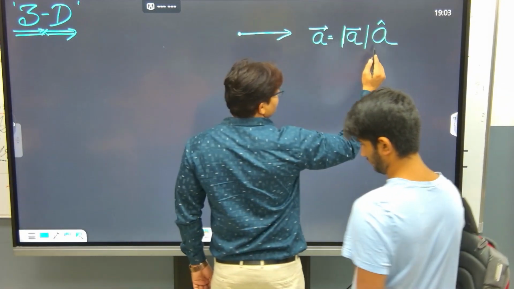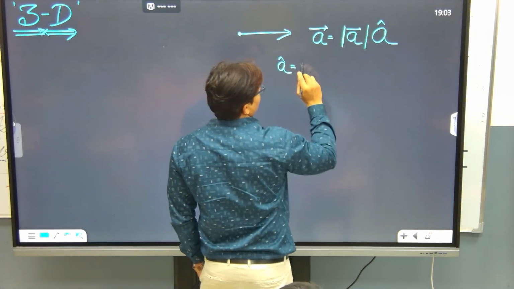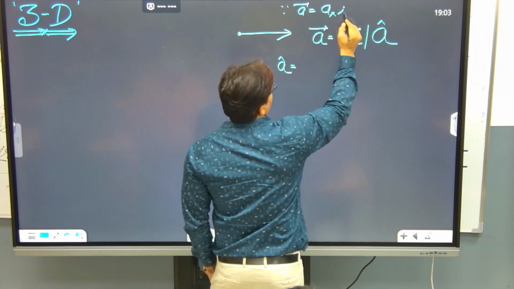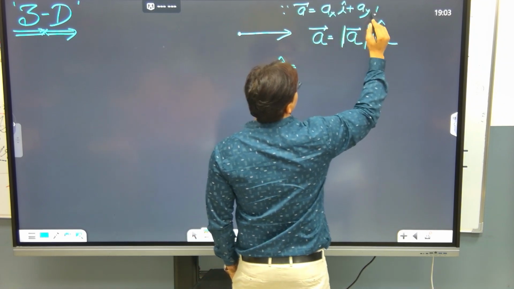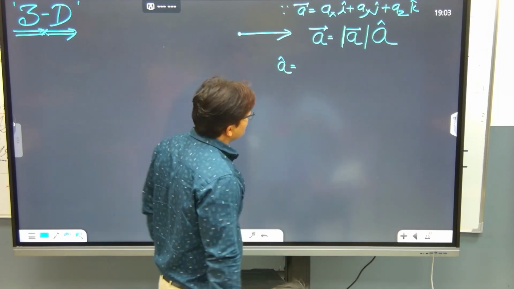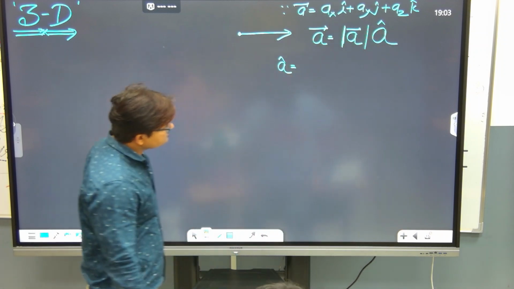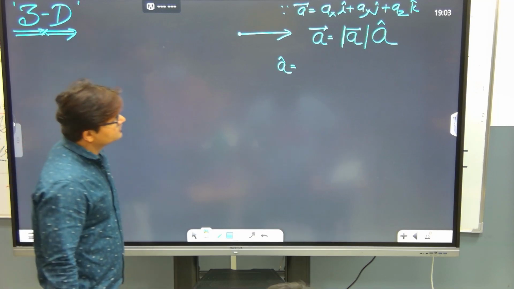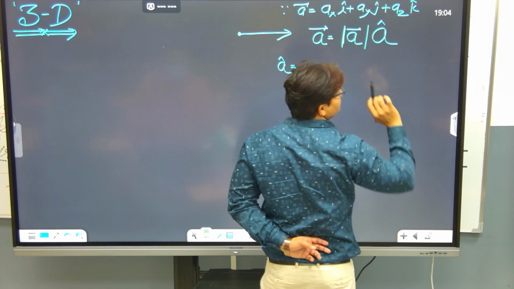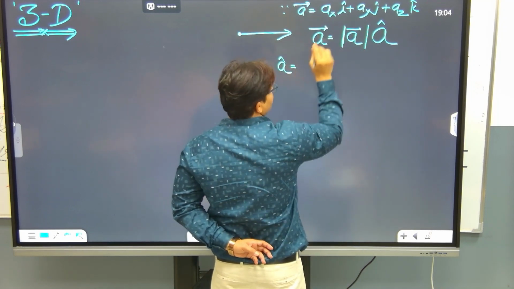When we have a unit vector, for example, if vector A is given by ax i cap plus ay j cap plus az k cap, here ax, ay, az are the scalar components of the vector, while ax i cap, ay j cap, az k cap are the vector components of the given vector.